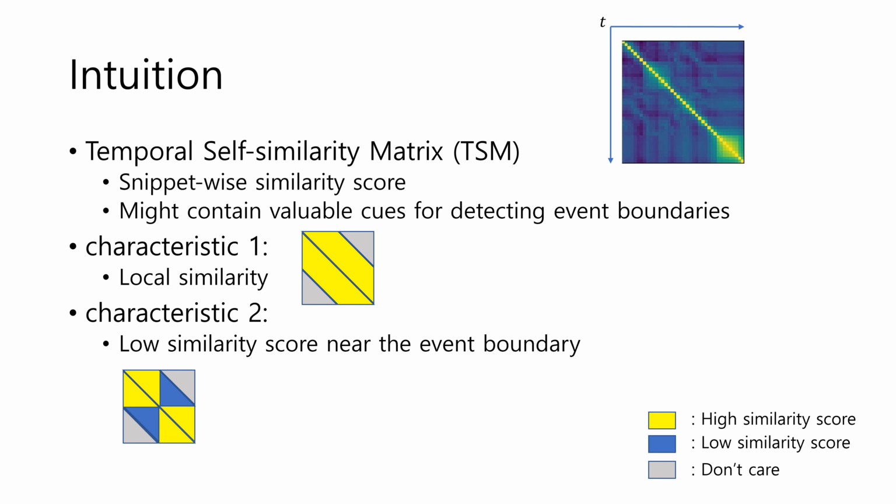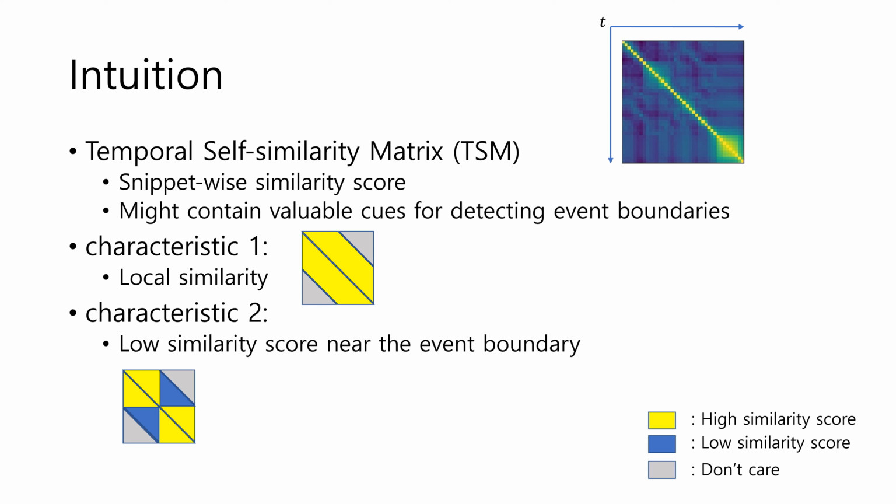So, in this slide, we demonstrate the intuition for our method. The temporal self-similarity matrix, or TSM, is a square matrix that contains pairwise self-similarity scores. For example, the element at (2, 3) represents the similarity score between the second snippet and the third snippet.